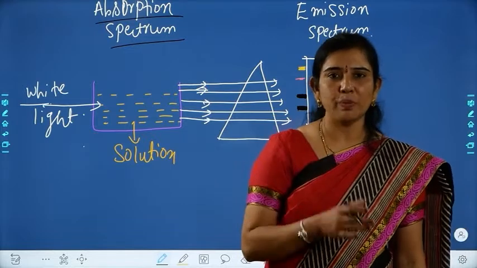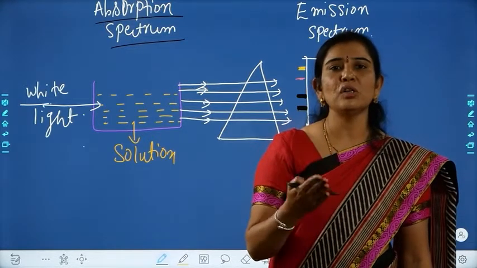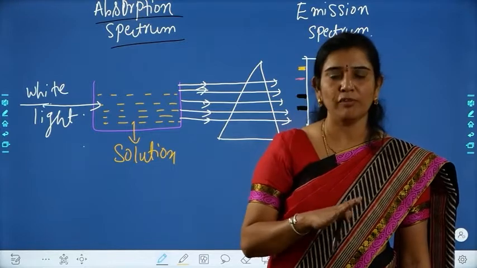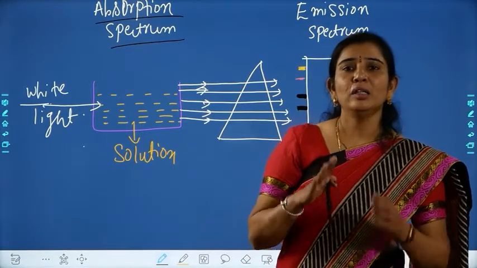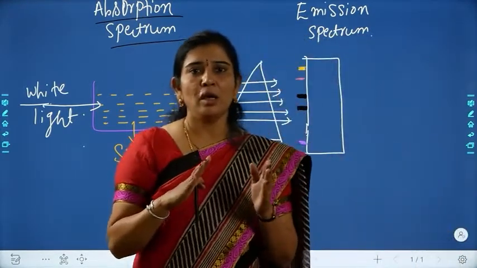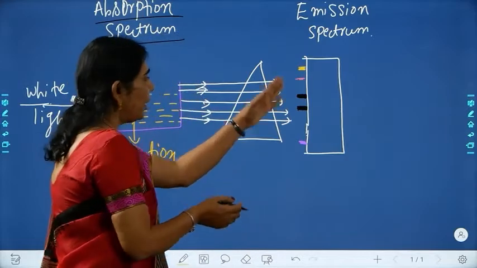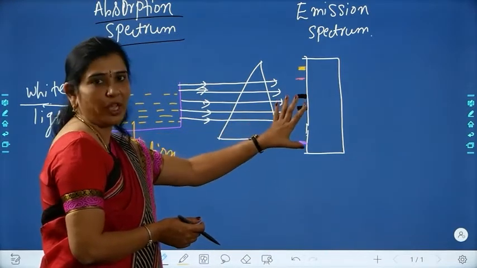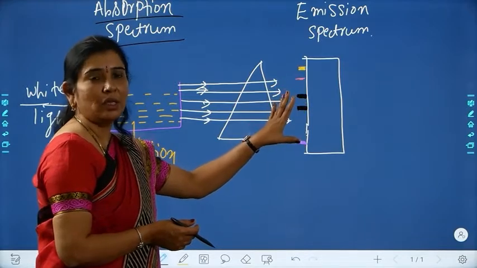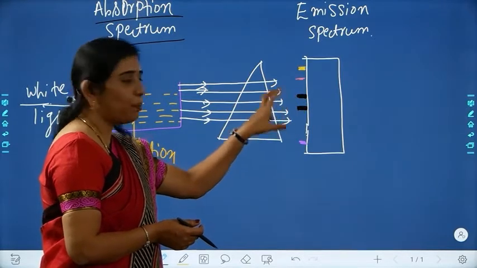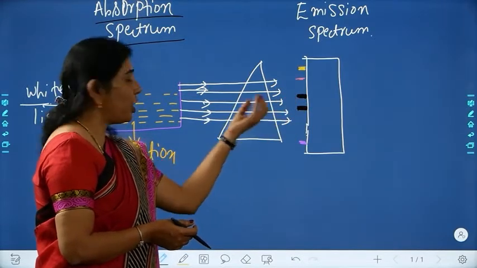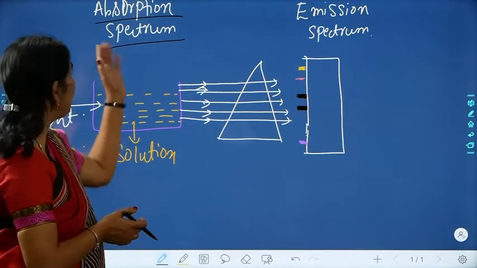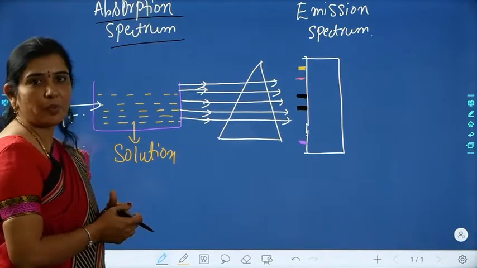It is the spectrum where the collection of light radiation of different wavelengths is recorded on the photographic plate, where these light radiations are placed between what exactly? The blank space or dark space. So the dark space represents what? The light radiation which is absorbed by the solution. So that we call the absorption spectrum.